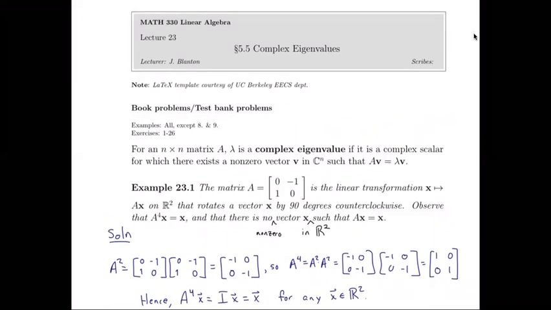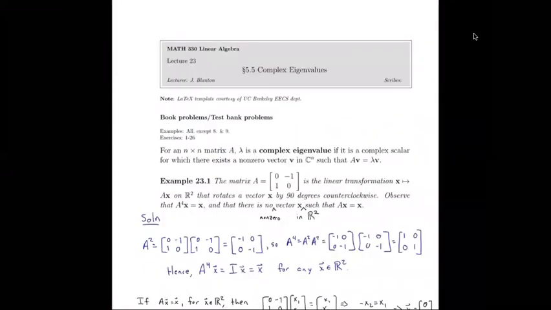And a vector V in Cn is one for which all of its n entries are from the set of complex numbers. And lastly, if we're talking about a complex eigenvalue and its eigenvector, lambda is some complex scalar, but A times the vector V is equal to lambda V. Remember, that's our definition of an eigenvalue eigenvector pair for lambda and V respectively.